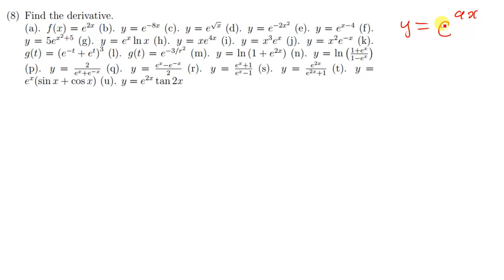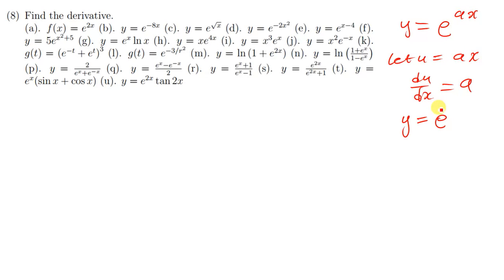If this is what you've been given, we can use chain rule to solve this. We're going to say let u be equal to ax, which is the power there, meaning du dx is just going to be a. The function y will now be e to the power u, since u is equal to ax.